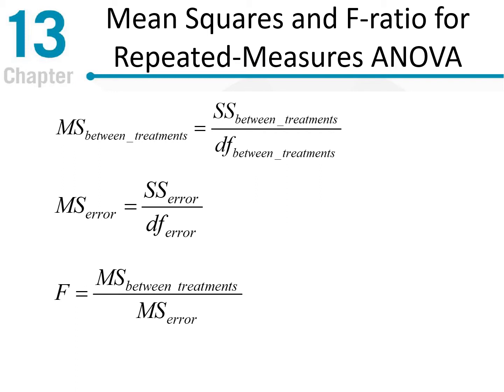That gives you the sum of squares error, divided by the degrees of freedom of the error. And then the F ratio is the mean squares between treatments divided by the mean squares of the error term. And then you're going to look up the critical value just like you looked it up last time in the F table.